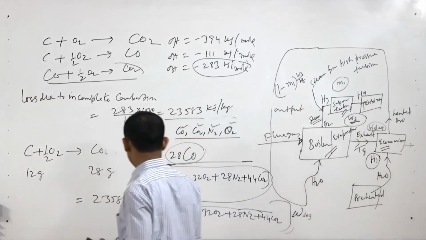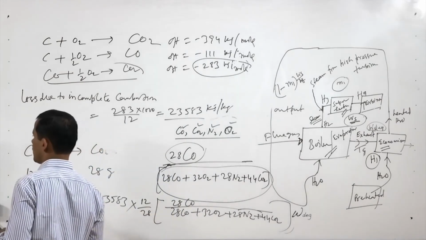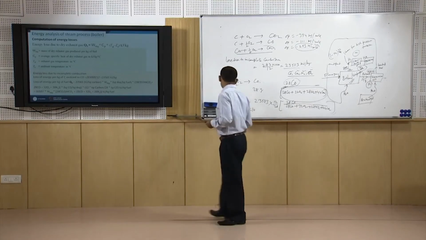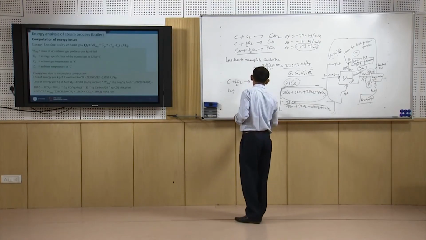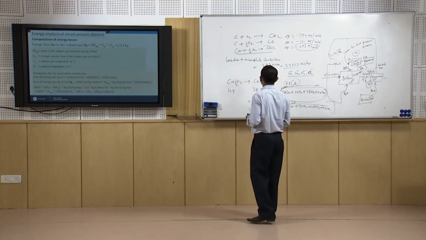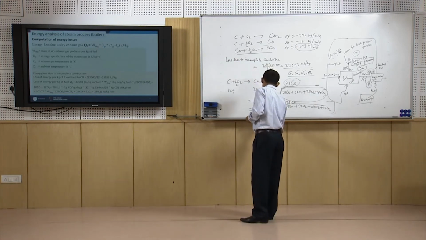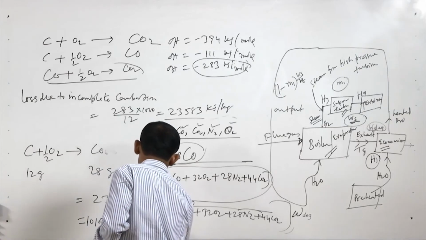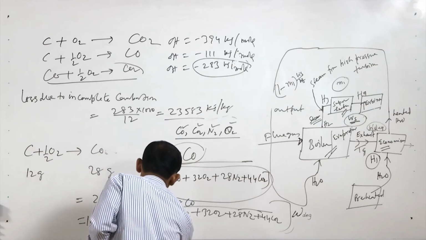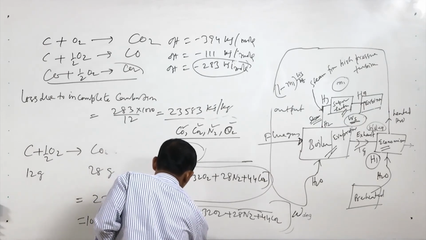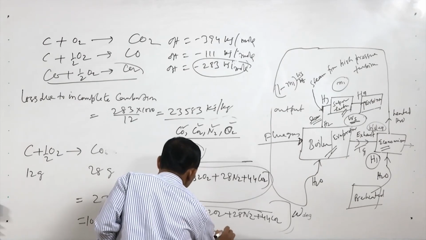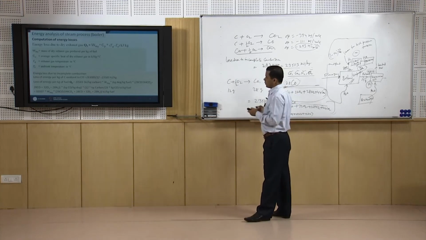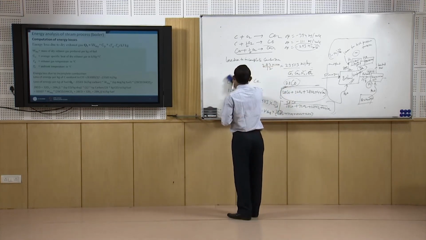Now this term becomes equal to 10107 into W DEG into 28 CO by 28 CO plus 32 O2 plus 28 N2 plus 44 CO2. So this will be the loss due to the incomplete combustion.